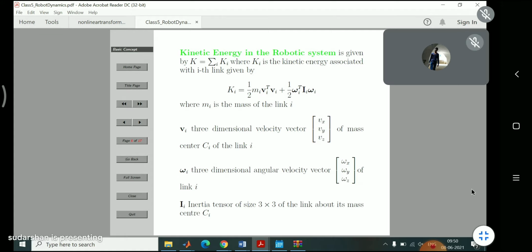Meter square per second square is for the linear velocity. For the angular velocity, radians per second into radians per second, because we have two omega terms. So what will be the unit for the moment of inertia? Kg meter square.